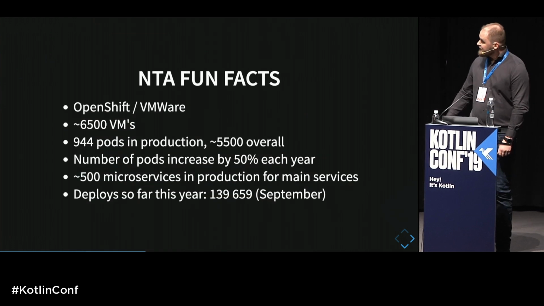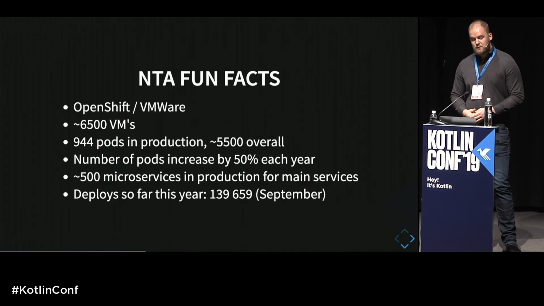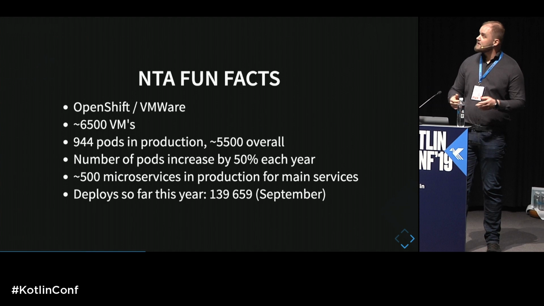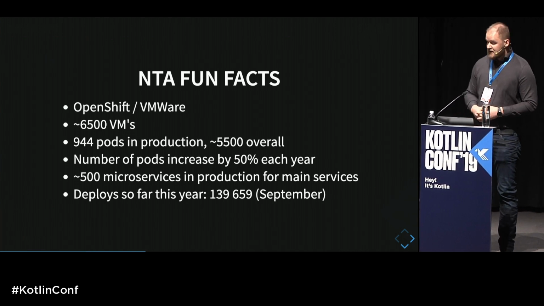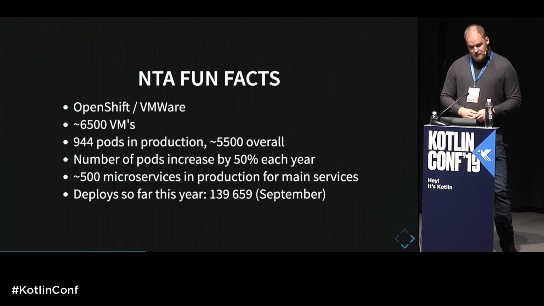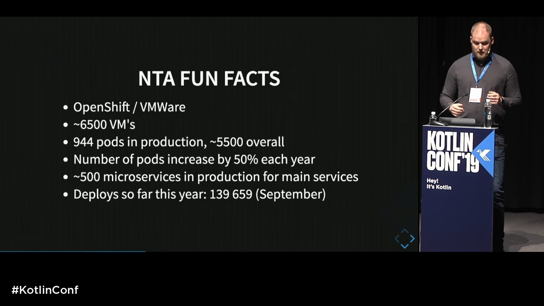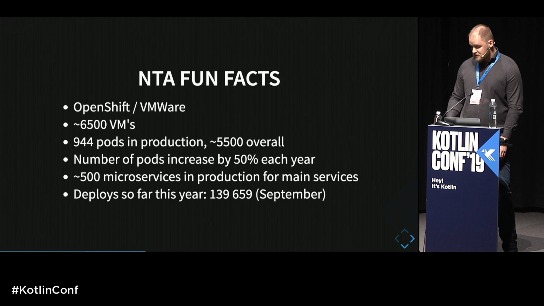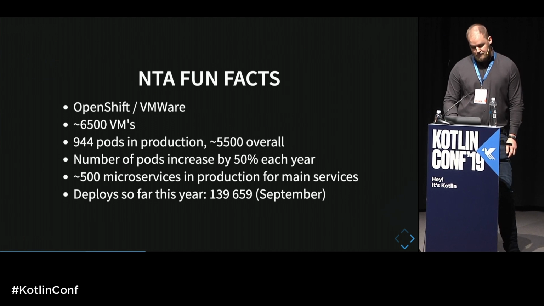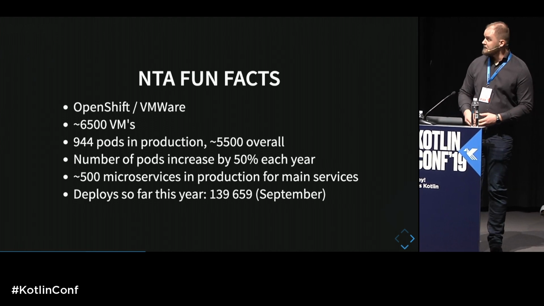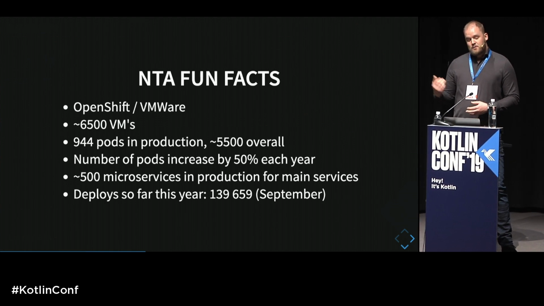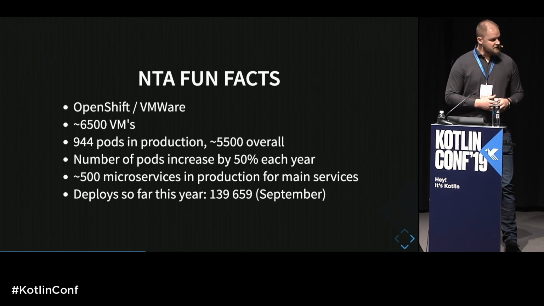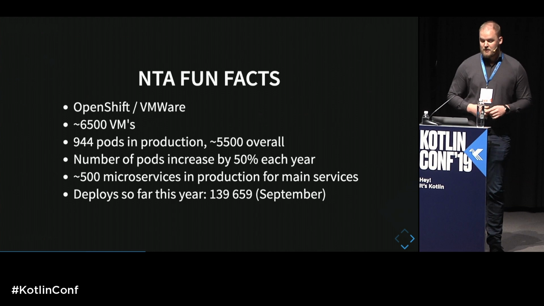So just some facts to put the scope on the infrastructure. We use OpenShift and primarily VMware. Around 6,500 VMs, maybe 300-400 for OpenShift. Around 950 pods in production, 5,500 overall. And this increases by about 50% each year, which is a result of this modernization effort that Jarle was talking about.